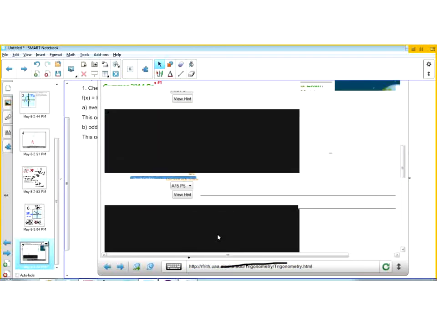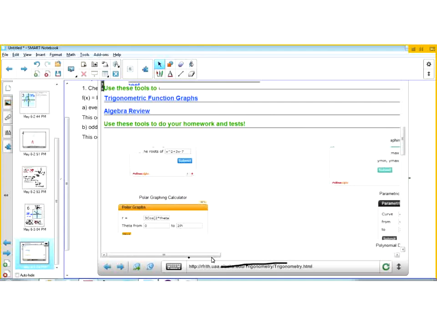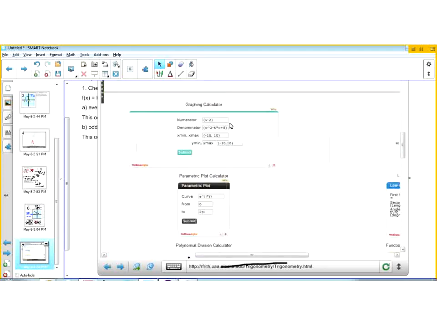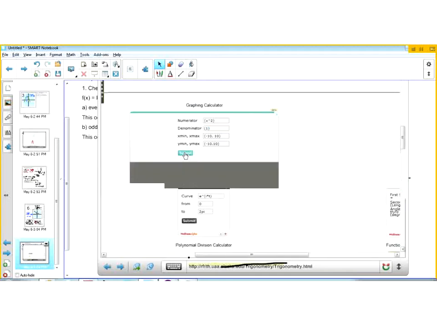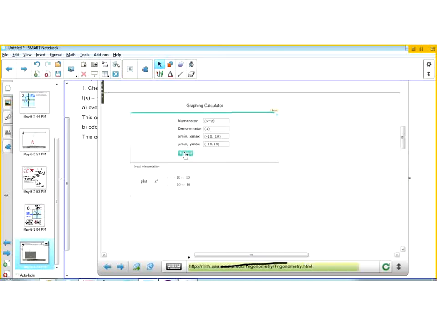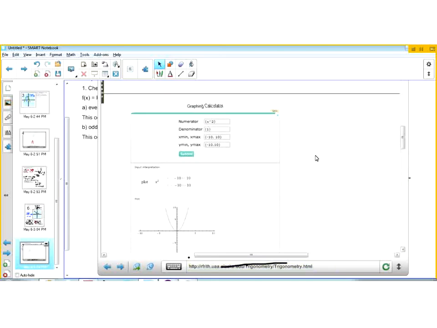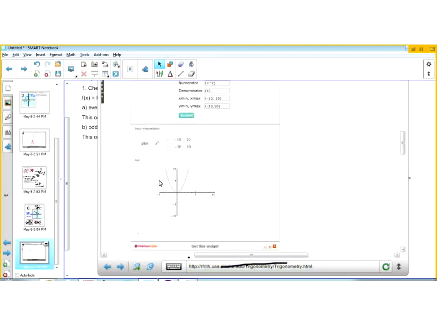All right, so let's go back to our graphing calculator. So the numerator, we're going to graph y equals x squared. Now, one note about using this graphing calculator. Always put your numerator and denominator in parentheses. For some reason, it's an idiosyncrasy of this calculator. Okay, so if we submit, and so what I'm trying to show you is the property of even symmetry of a graph. And here it is.